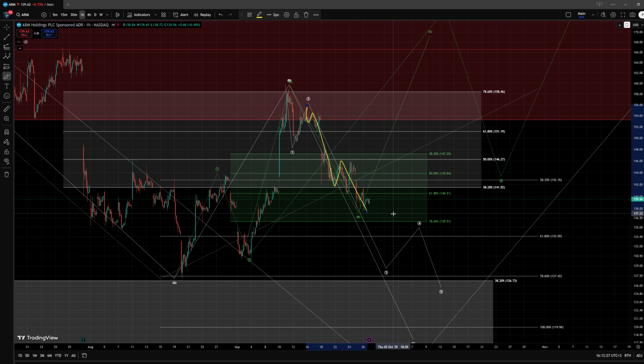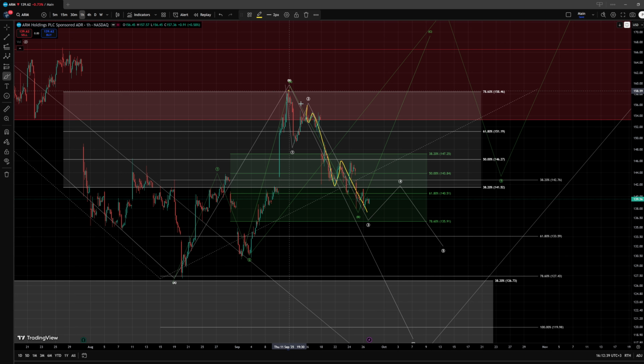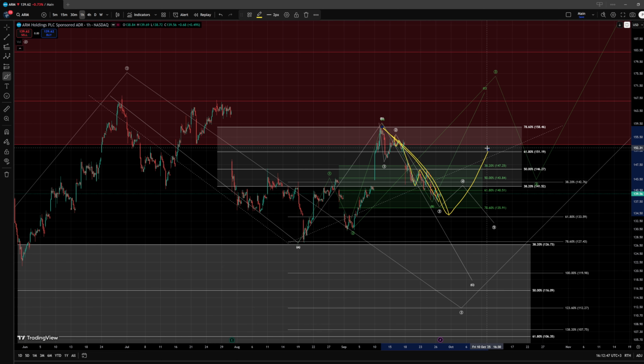Yeah, this could work out acceptably. I'm not too much of a fan of it, but then we could be developing here, who knows, maybe even just a larger A wave, or a larger wave 1, and then we could be looking for another 1-2 setup, where in that case we could continue lower within the wave C to the downside.